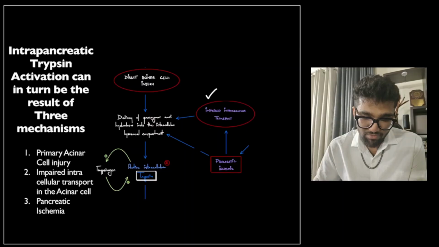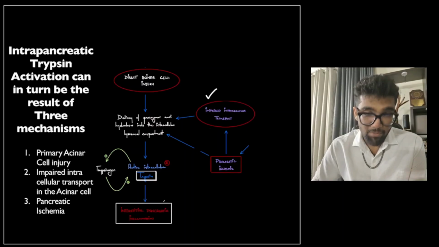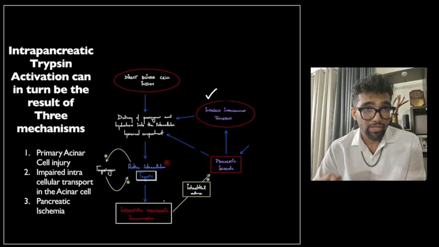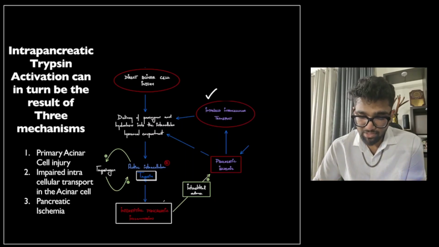Now, when you have such trypsin activation, there is damage to the parenchyma of the pancreas. Essentially, it gets digested away, and that in turn causes inflammation within the pancreas. Okay, and that results in leakage of fluid into the interstitium of the pancreas, resulting in something known as interstitial edema.